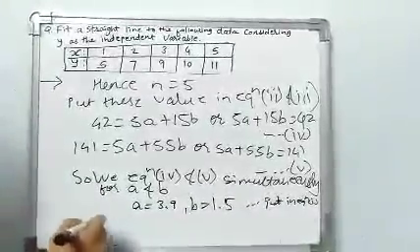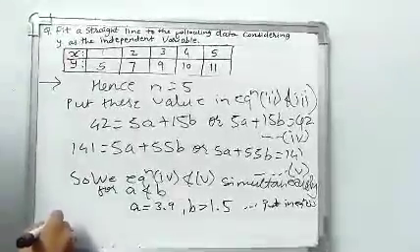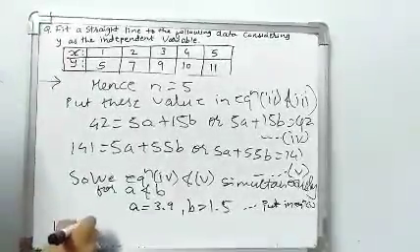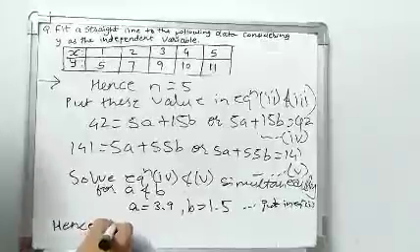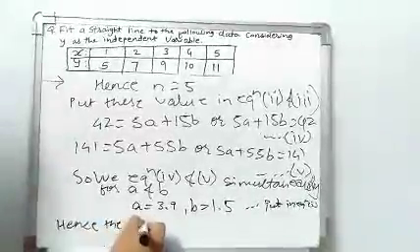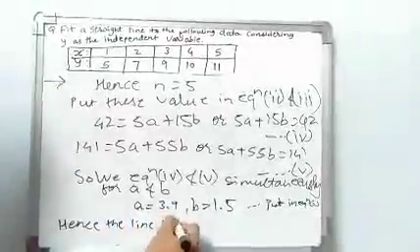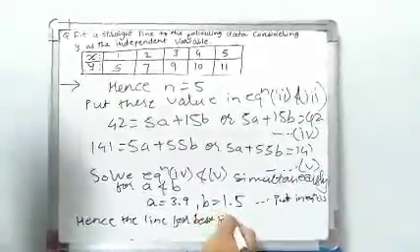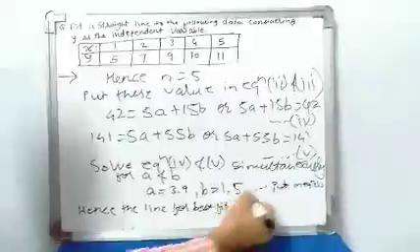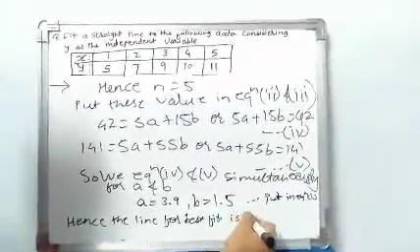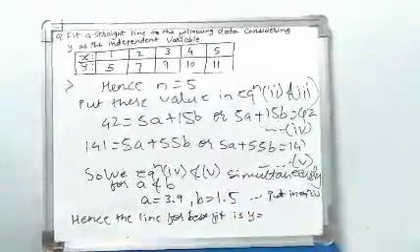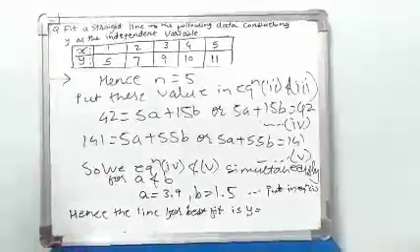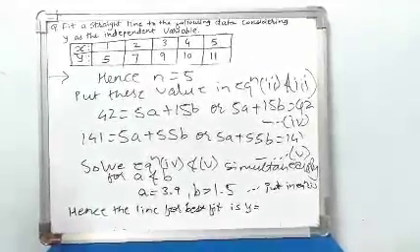So hence the line of best fit is y equals, equation 1 is y equals a plus bx.